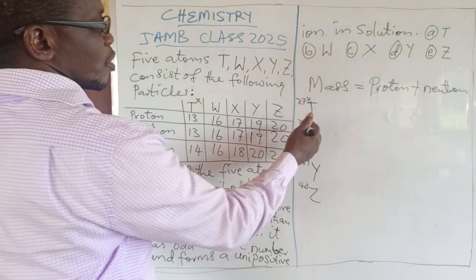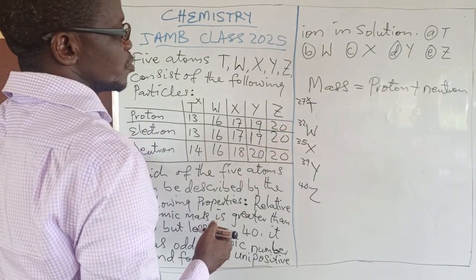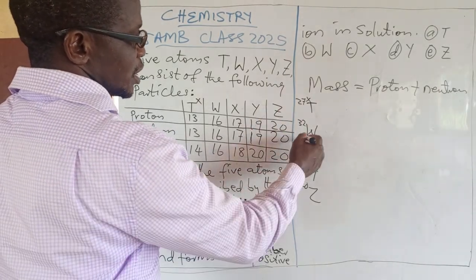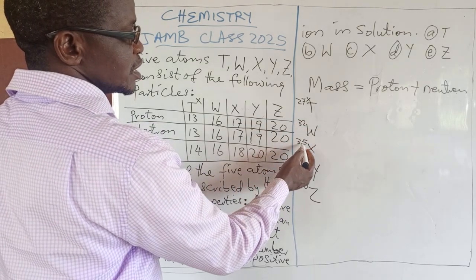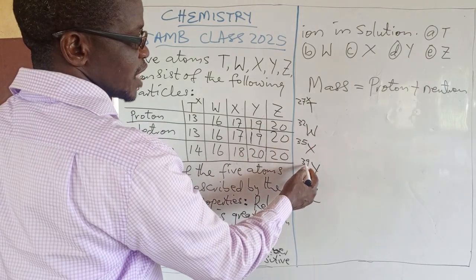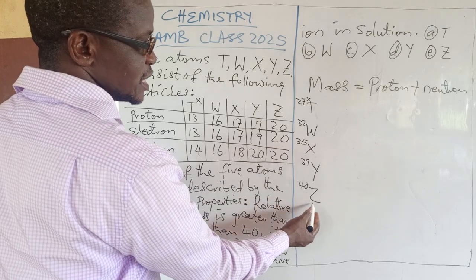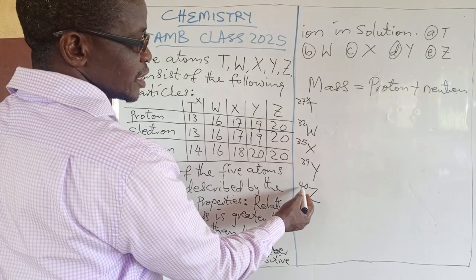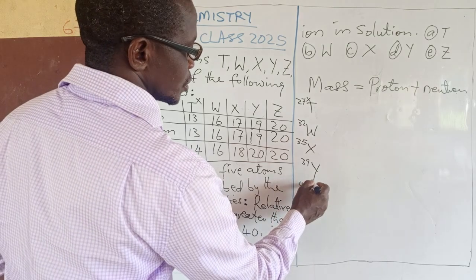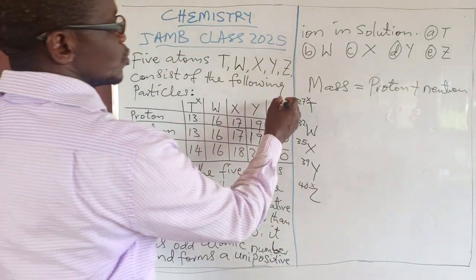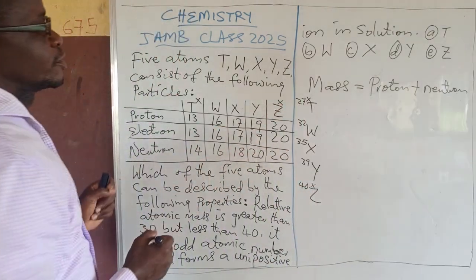And then W, yes, leave it, is above 30 and below 40. All these ones, above 30, below 40. But Z, above 30, but equal to 40. Did they say equal to? No. Z will not come in.